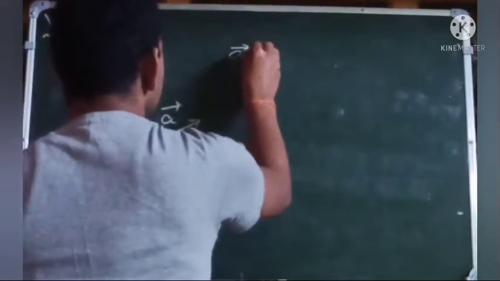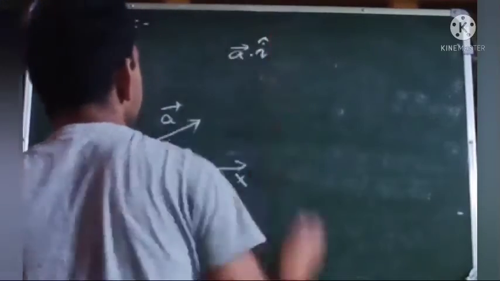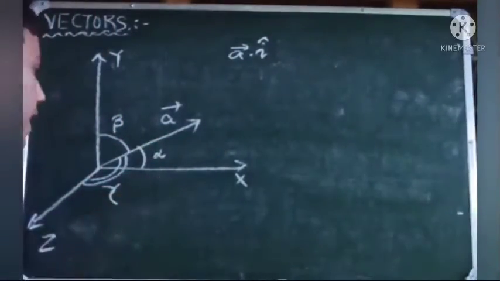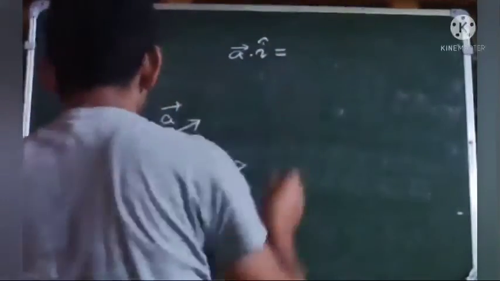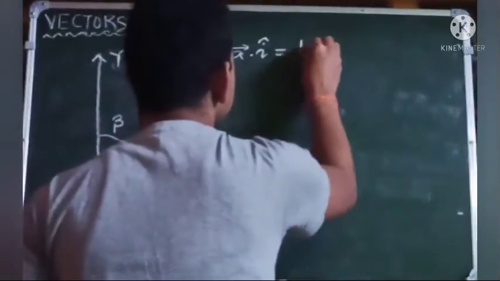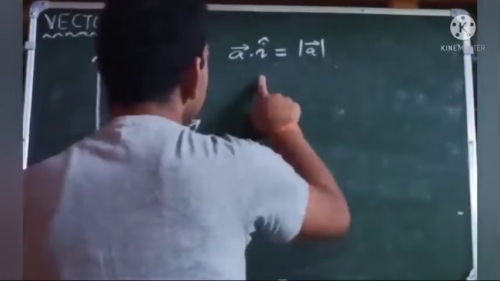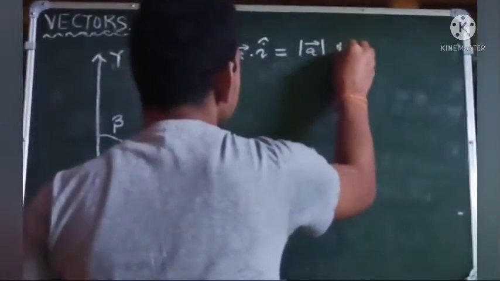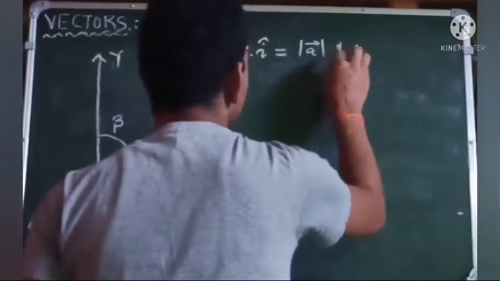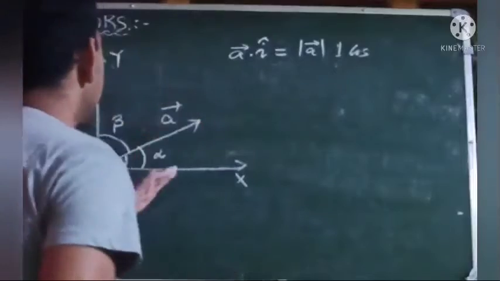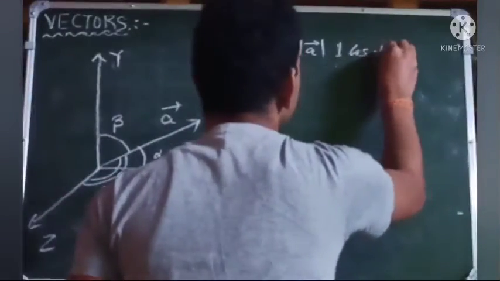Then we can write a vector dot I cap. That means the dot product of a vector and the unit vector along the x-axis is going to be magnitude of a vector, magnitude of I cap, which is 1, cos of the angle between a vector and I cap, which is alpha.